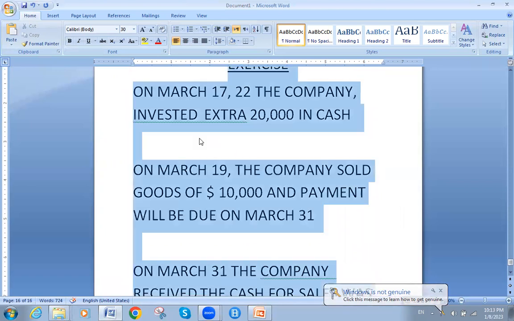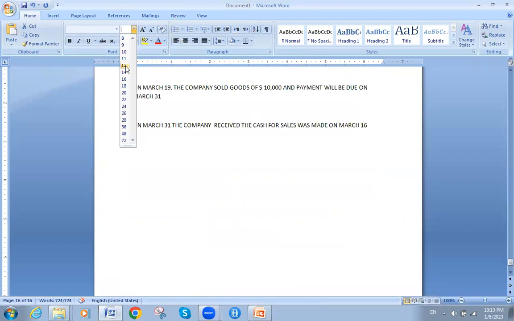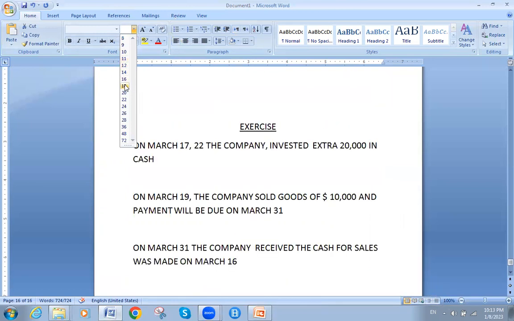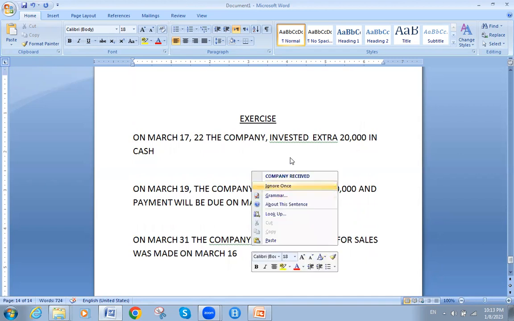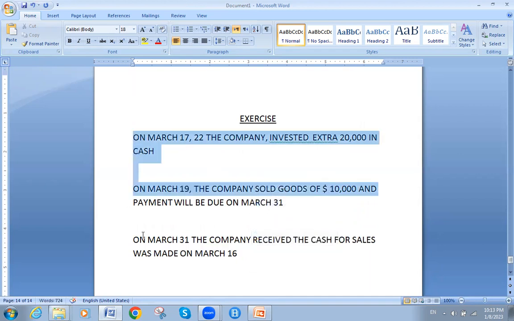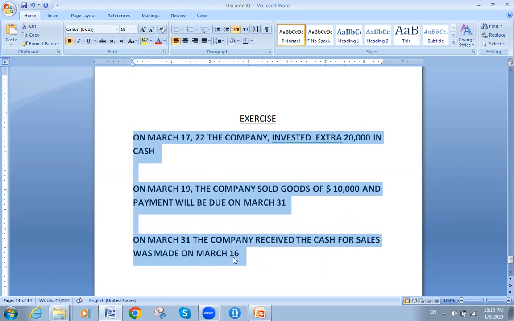Actually, I'll put this in small handwriting so you guys can see it. All three transactions can be here. I will give you about 5 minutes to do these transactions before we move into the next part of our work on the journal entries.